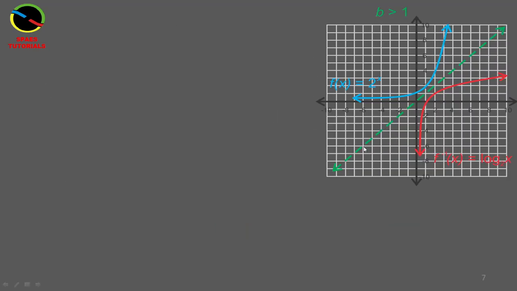See this diagram. This blue line is representing y is equal to 2 power x graph, and this red line is representing y is equal to log x base 2 graph. And exactly, they are mirror images for the line y is equal to x.